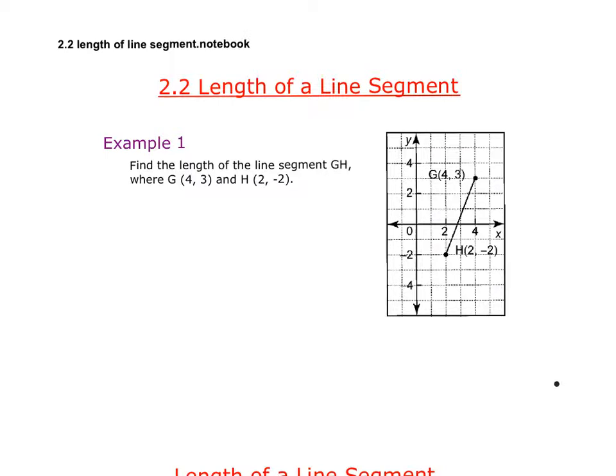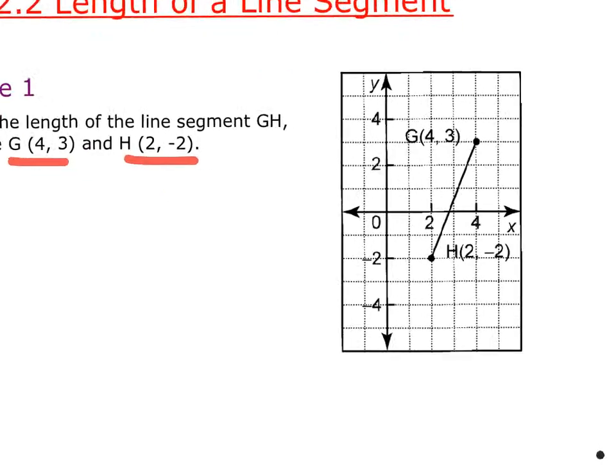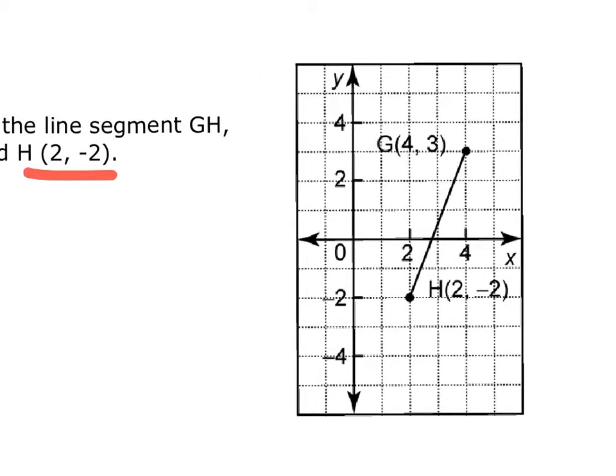So we just looked at finding the middle, but what if we want to find the actual length of the line segment? For example, if we look at the following line G and H, which we've graphed for you, what we're looking at is the distance that the x's traveled and the y's traveled. So we would have a difference here and a difference here.